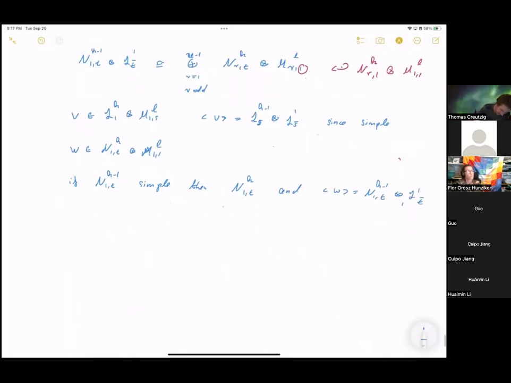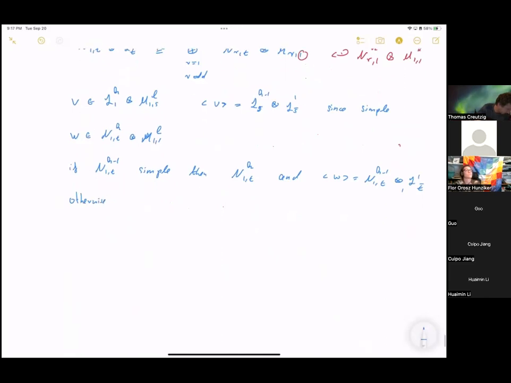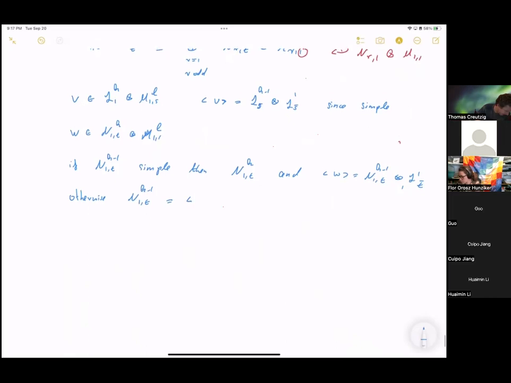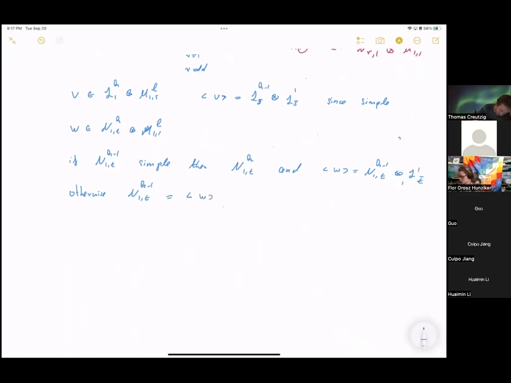And otherwise, we have n1 comma t k minus 1 is generated by any vector w if L naught acts not semi-simply on W. So this means we have to choose W to be a vector on which L naught does not act semi-simply and being in the subspace.